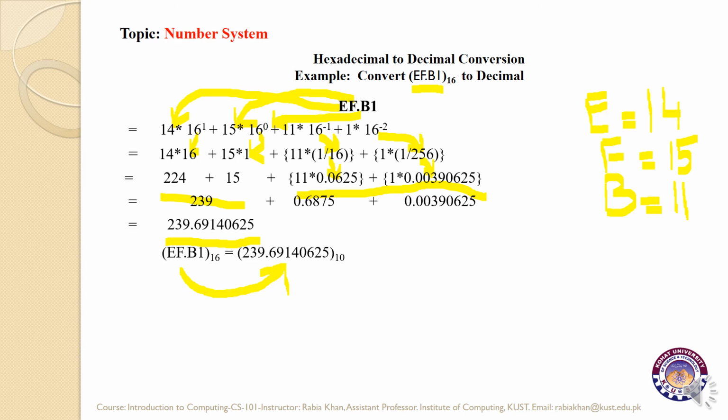You can see every digit is within the range of the decimal number system. So this is how we convert a hexadecimal number to a decimal number. The method is simple and must be understood by you by now.